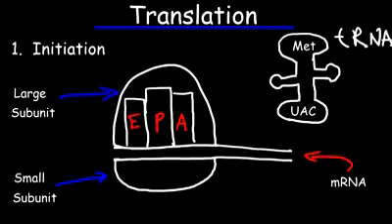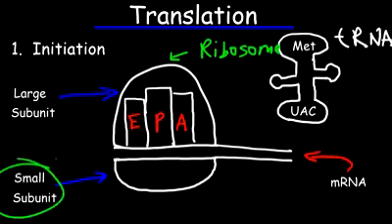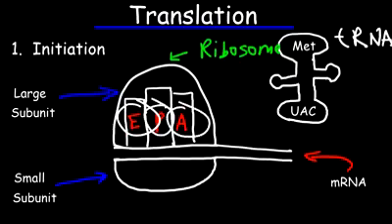Translation, like transcription, occurs in 3 steps: initiation, elongation, and termination. So here in this picture we have a ribosome, which is composed of 2 subunits, the small subunit and the large subunit. And the ribosome has 3 active sites: the E site, the P site, and the A site.